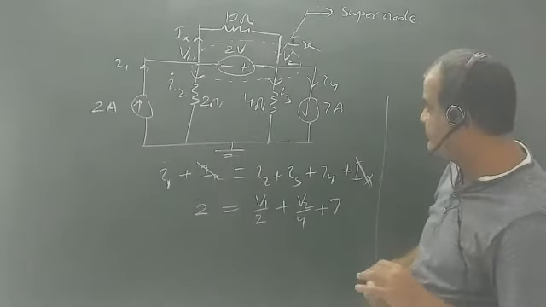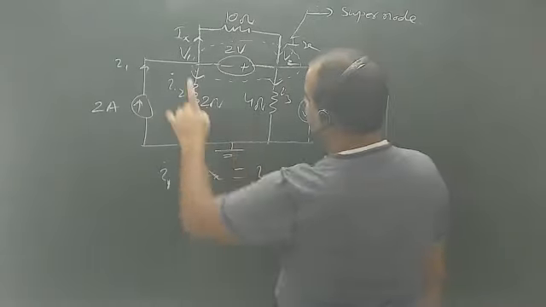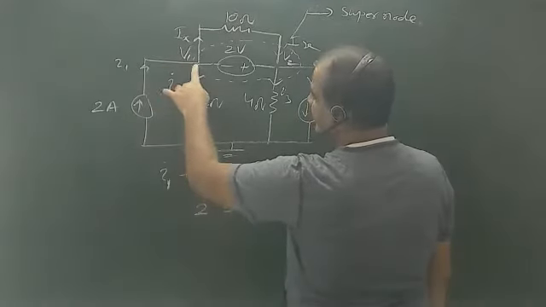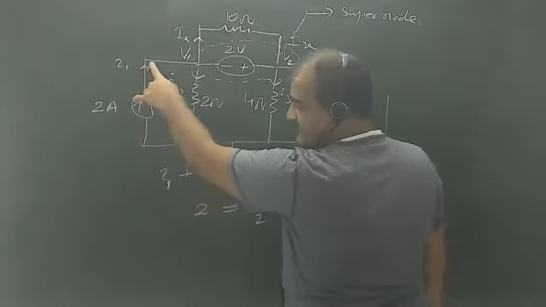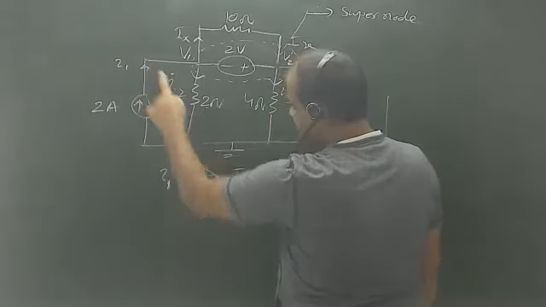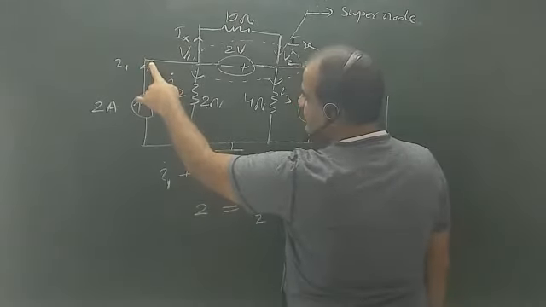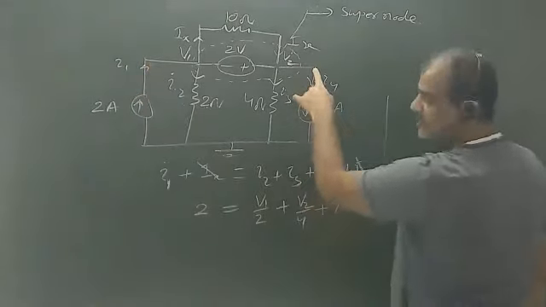सर सुपर नोड कैसे पता लगेगा, एक बार फिर से बता दो. सुपर नोड पता करने के लिए आपको देखना पड़ेगा कि जो ये नोड है, ये रेफरेंस नोड है कि नॉन रेफरेंस नोड है. ओके, so this is because we are assuming this is ground, so this is now our non-reference node. This is also non-reference node.